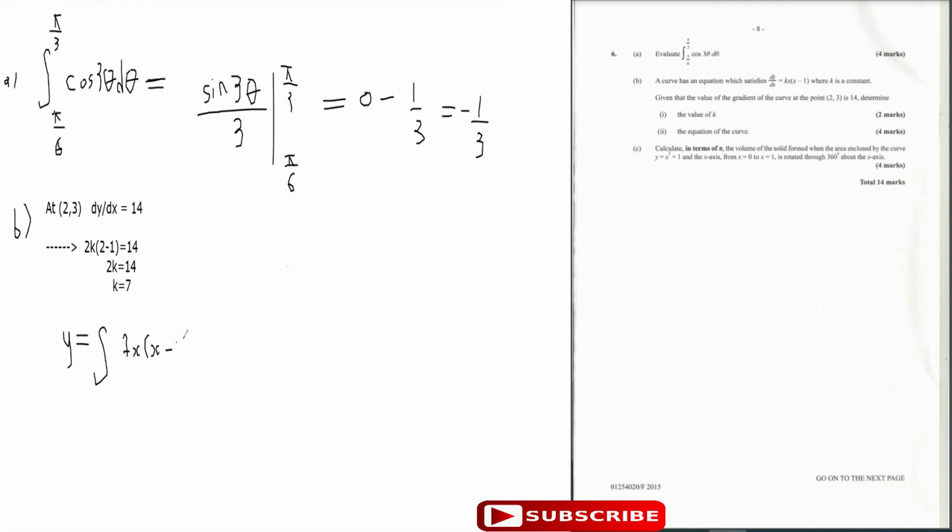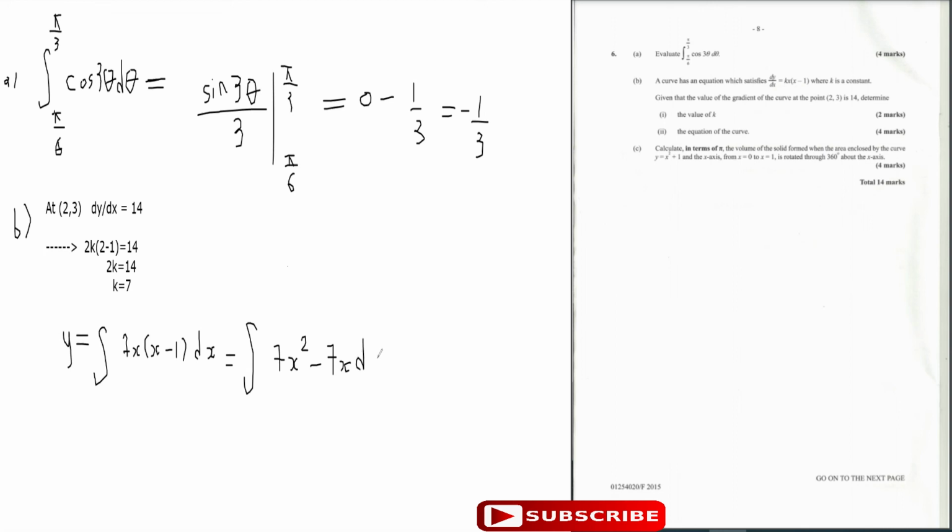So this is what we're integrating, 7x times x minus 1. That is what y will be. Integrating this, 7x times x minus 1 can be written as 7x squared minus 7x. This is what we're integrating.